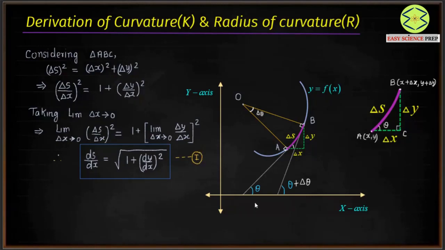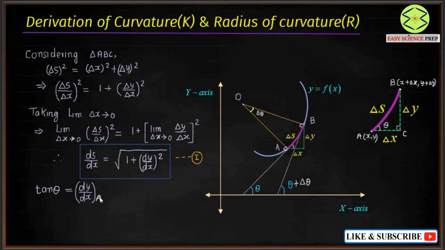Now we know that the slope of the tangent to the curve at a particular point is nothing but the differentiation or derivative at that particular point. So we can write down that tan theta, that is the slope of the tangent at point A, is nothing but dy over dx, that is differentiation with respect to x at point A. We are referring to all the quantities at point A, so I can simply write dy by dx, because we are only referring to point A, not any other point.